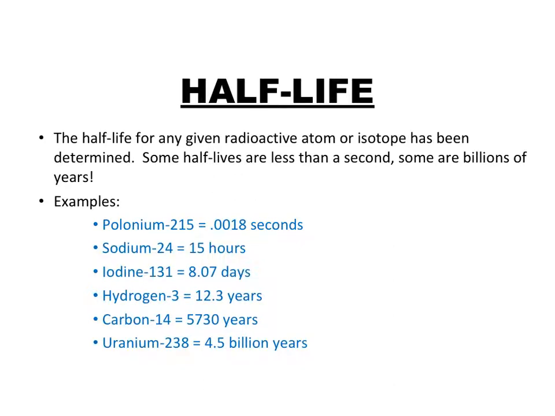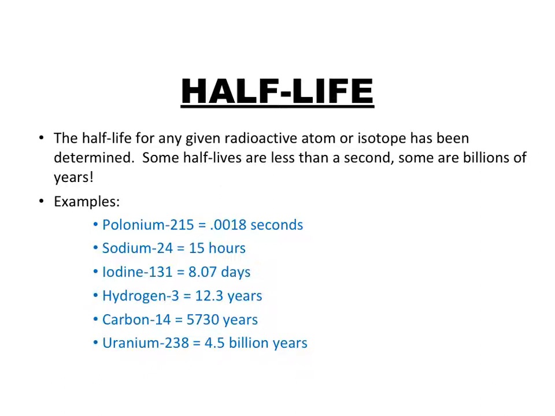Scientists have been studying half-life in radioactive atoms for a while, so they already know what the half-life will be of different atoms and different elements. By studying them and understanding how much time it takes for that atom to decay, they've been able to catalog most of the elements on the periodic table.